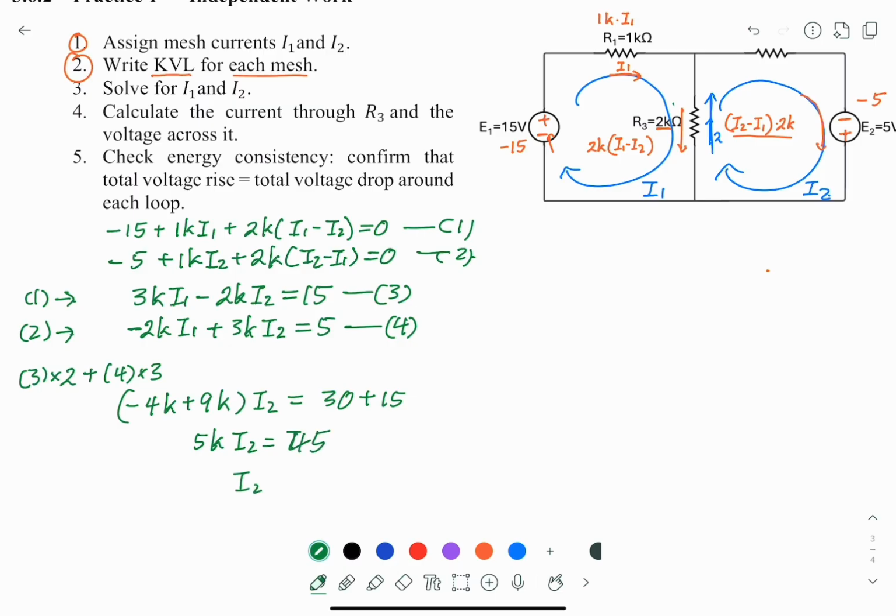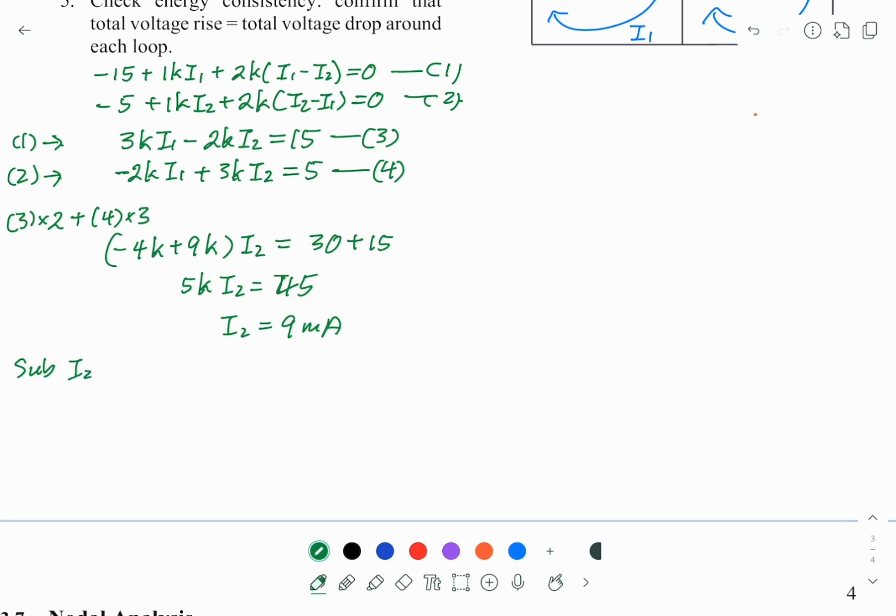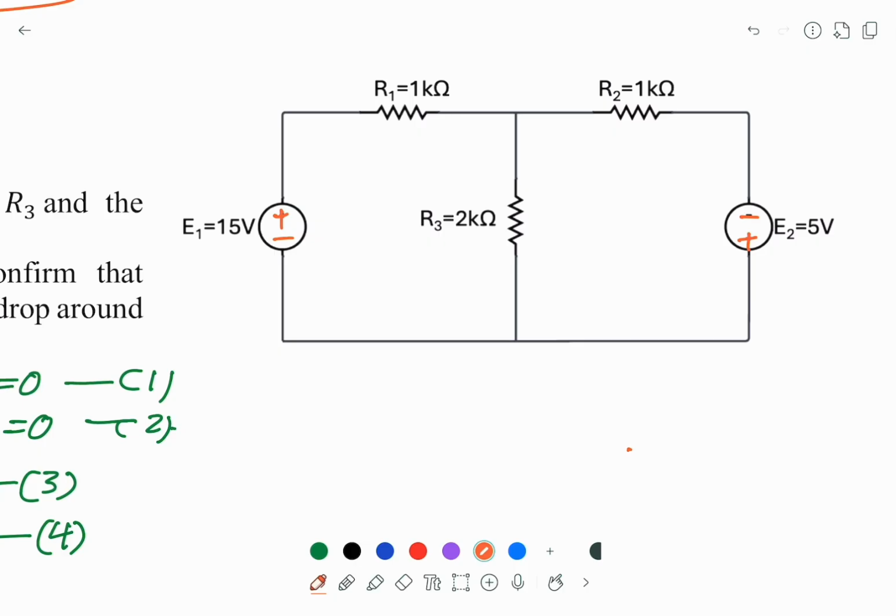So I2 equal to 9 milliamp. Substitute I2 into 3 and you will find I1 equal to 11 milliamp. So with KCL we find I1 equal to 11 milliamp, I2 equal to 9 milliamp.